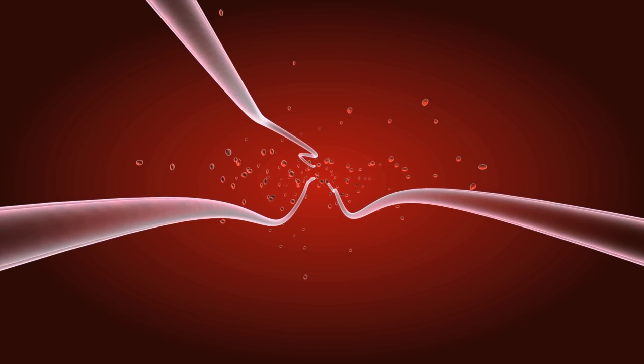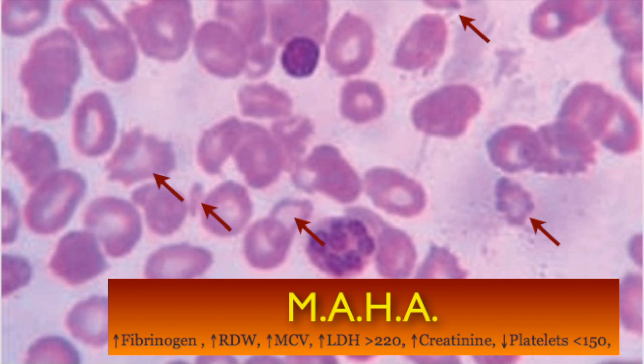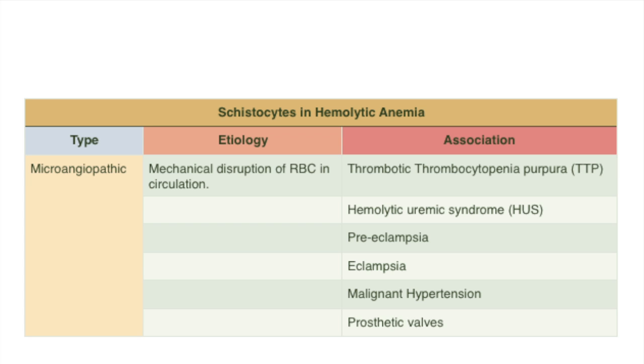Excessive schistocytes present in the blood can be a sign of microangiopathic hemolytic anemia, or MAHA, where the most common cause is aortic stenosis. Their presence in the blood is considered abnormal and indicates the possibility of a thrombotic microangiopathy.